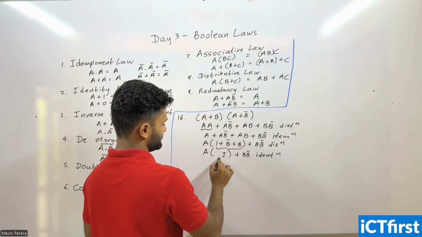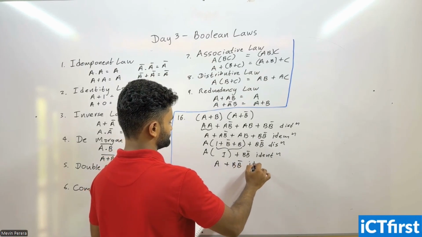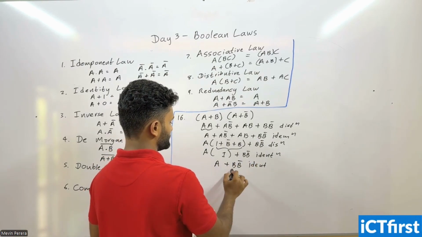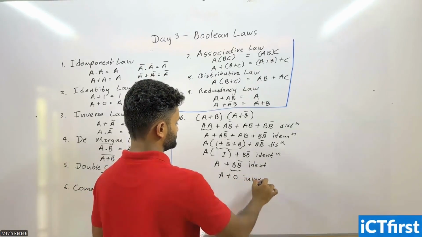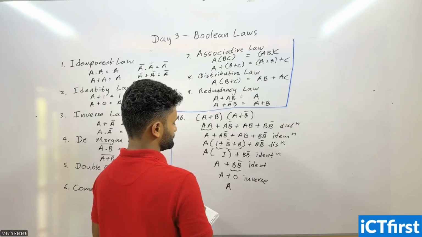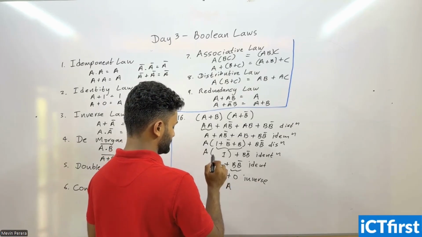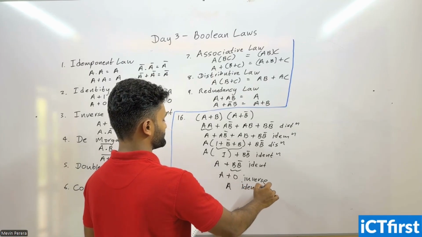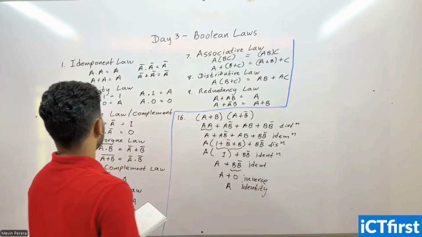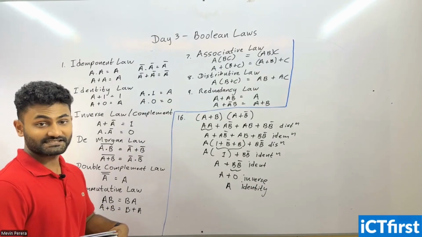Then A dot 1, that is also identity law. This is equal to 0, 0 plus A, that is inverse law. A plus 0. A plus 0 is A, so the same, identity law, right? All right, so this is the 16th one.